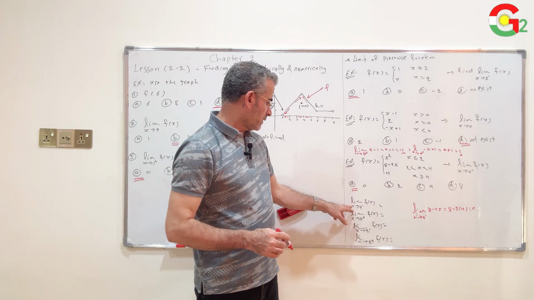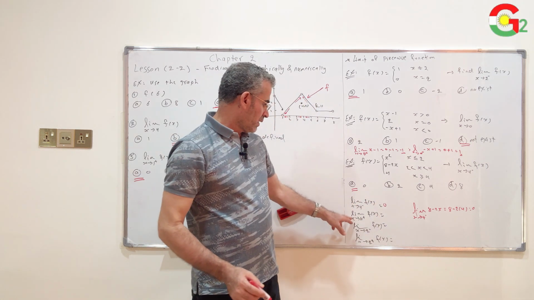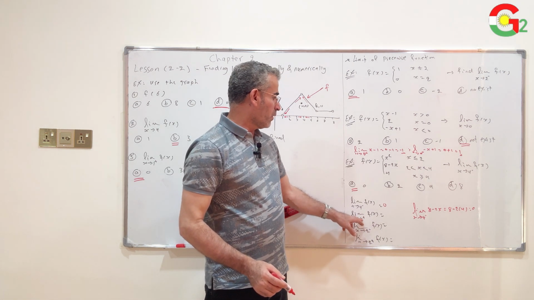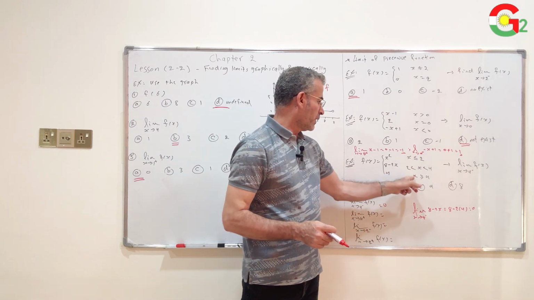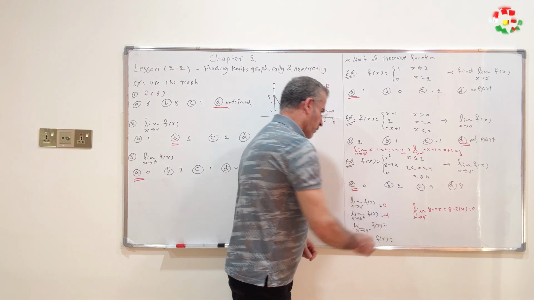I found already the first one, it is 0. If I want to find the limit for f of x when x approaches 4 from the right, it means when x greater than 4, and the answer is 4.